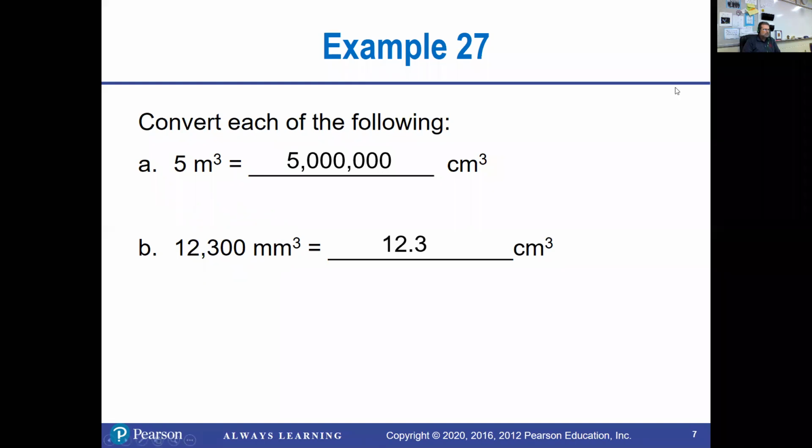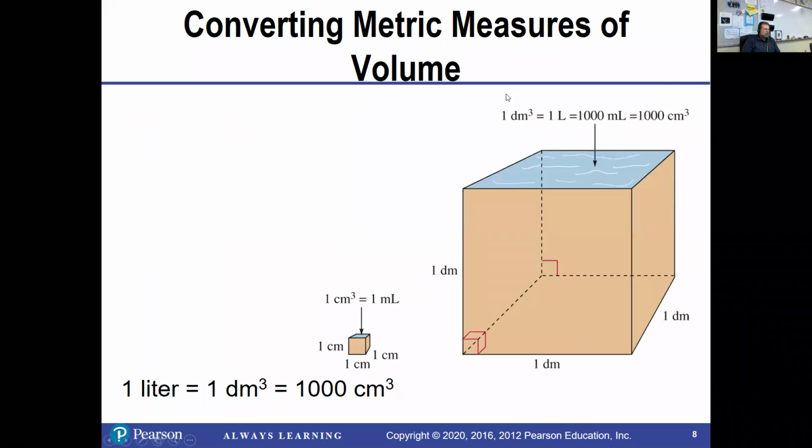All right, so liters, okay? When we talk about volume, sometimes we talk about liters, dealing with water, how it fills up, okay? So 1 liter would be the same as 1,000 centimeters cubed, okay? So it ends up being the same amount, okay?